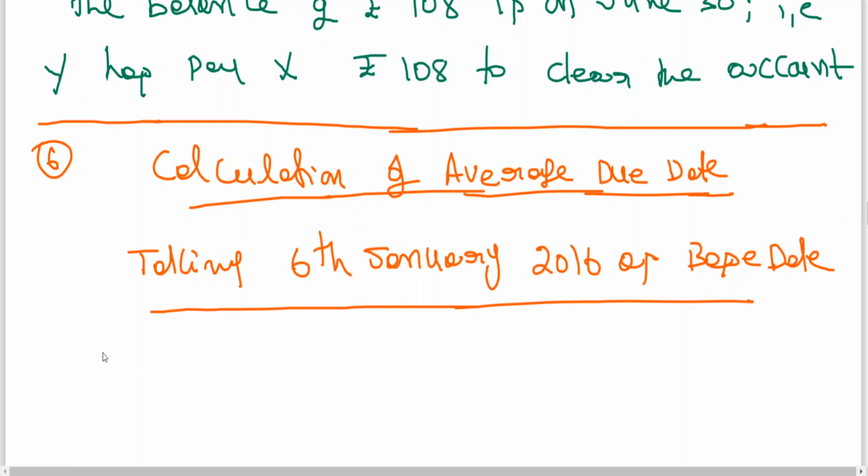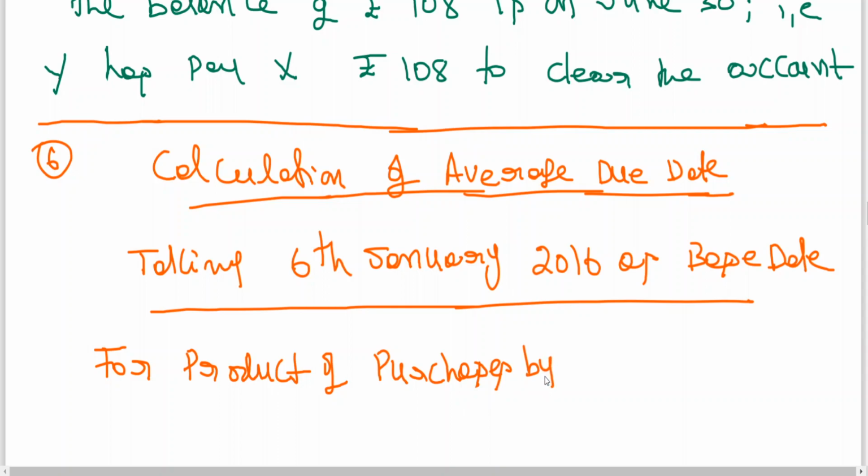So what do I write here? For the product of purchases by Green, or we can write Green's payment.